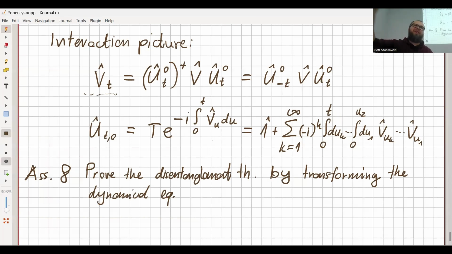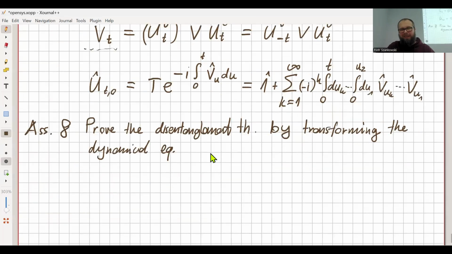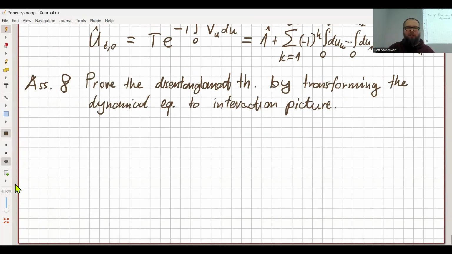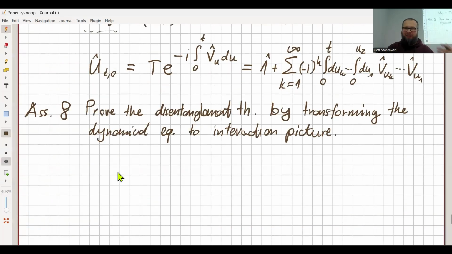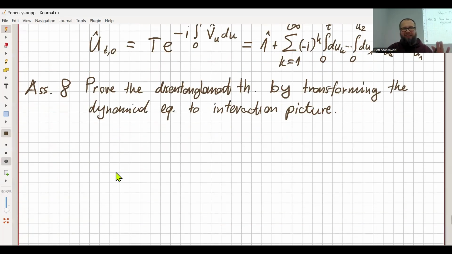Not for state, but for evolution operator. So to distinguish them, I will call this the dynamical equation. So transform the equation to interaction picture. Of course, you can prove it by algebra. You can prove it in a couple of ways, but this one is just to showcase the simple proof.